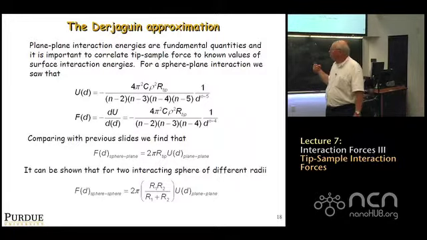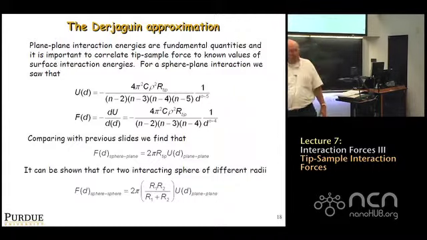So the implication is, if this approximation is valid, just by measuring the liftoff force of a sphere from a plane, you can infer back to the interaction energies that two planes have. The interaction energy that two planes have is this fundamental quantity called the surface energy, okay? And it's just a numerical coincidence, I believe, that this happens.